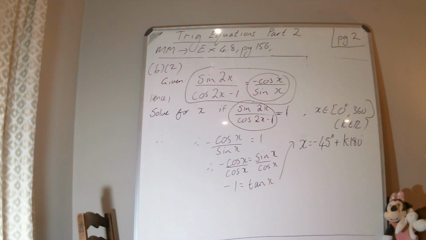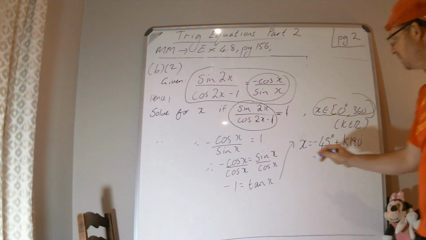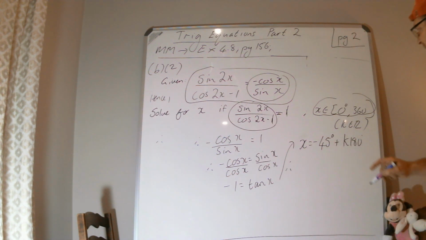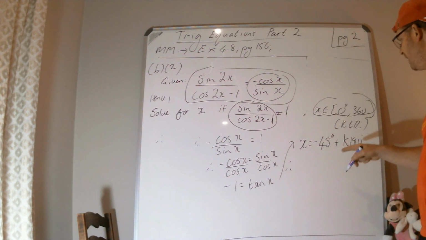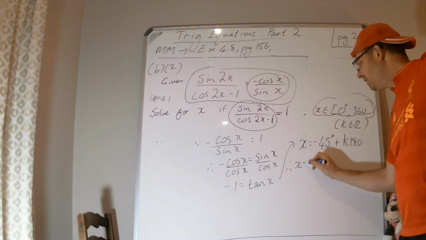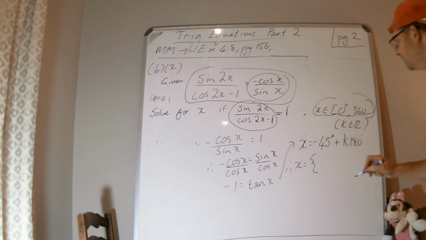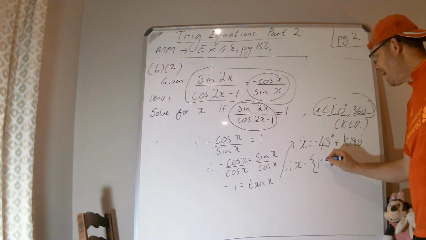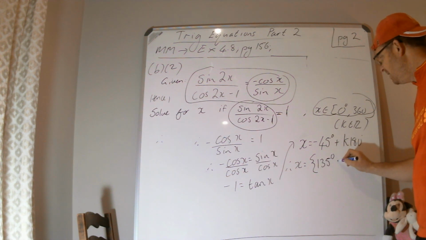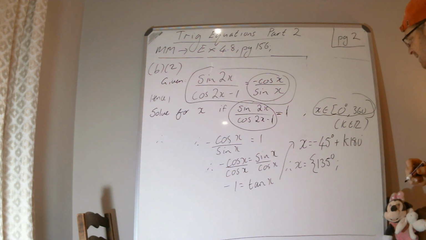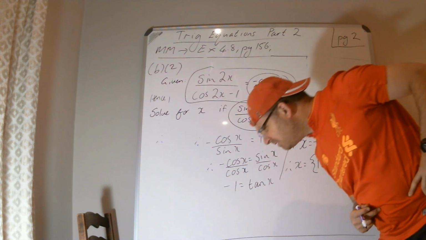Okay, so there's your general solution, but they want the answers between 0 and 360. So what will give us the answers between 0 and 360, Hannah? Well, negative 45 won't work, but if I add 180 to negative 45, I'll get x is equal to 135 degrees. If I add another 180, it's going to be 315, I think.